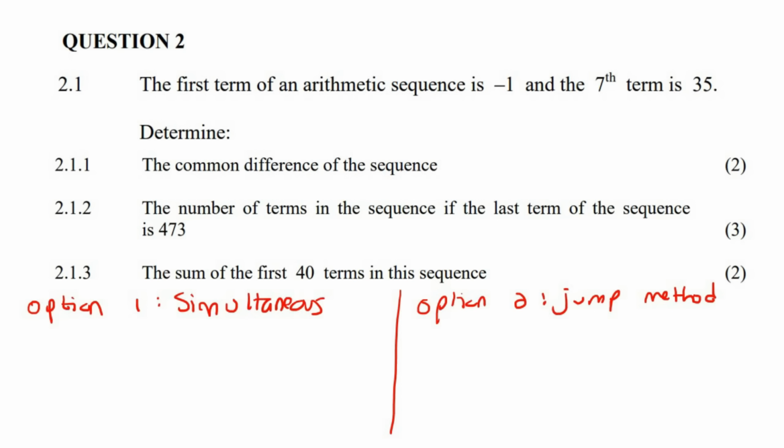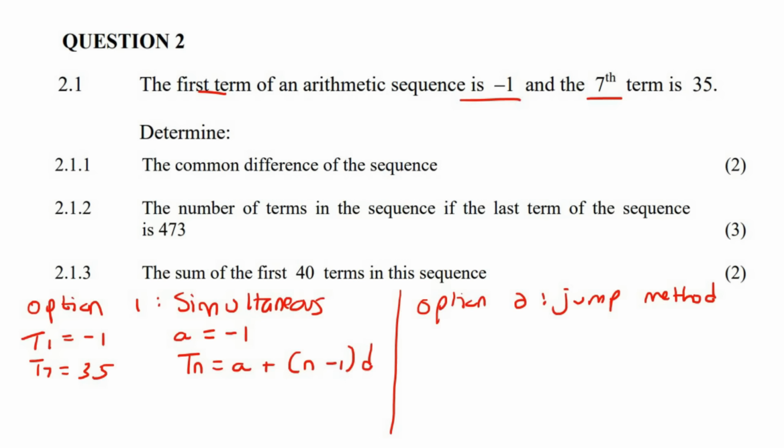With option number 1, they told us that the first term is negative 1 and the seventh term is 35. Term 1 is just a, so a is negative 1. Then the arithmetic formula goes like this. Now some learners get confused about where we put the 7 and where we put the 35.